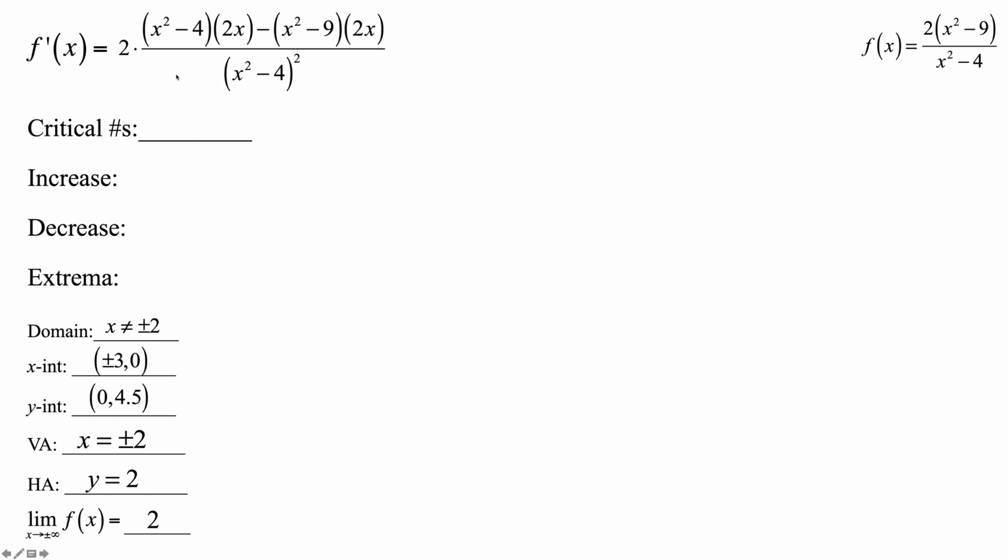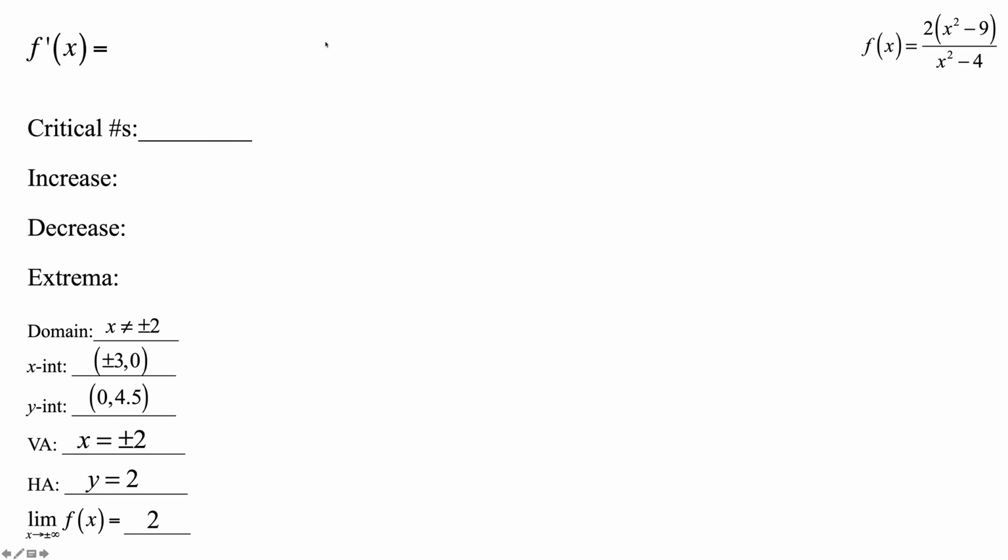Here we go. So 2 times, we just basically remove that 2 out to the front. All right, your denominator, x squared minus 4 squared. That's your first. That's the original g function from the bottom. Then the derivative of the top of x squared minus 9 is just 2x, minus the top function x squared minus 9 times the derivative of the bottom function, which is just 2x.